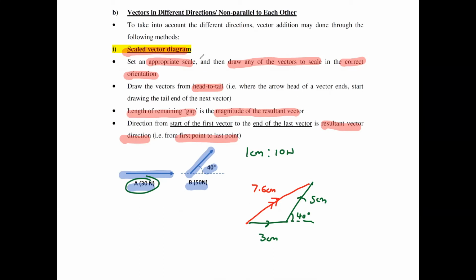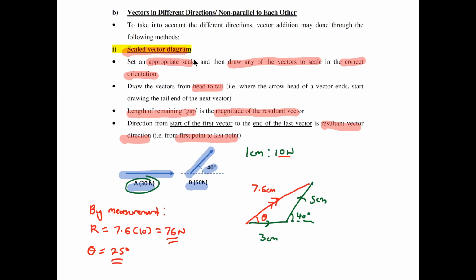Now, if you want to describe the resultant force along with its direction, given by angle theta here, by measurement, the resultant force is equal to 7.6 times 10 after taking into account the scale, equals 76 Newton, whereas the angle when measured using a protractor will be equivalent to 25 degrees. So this is the resultant force and its direction.